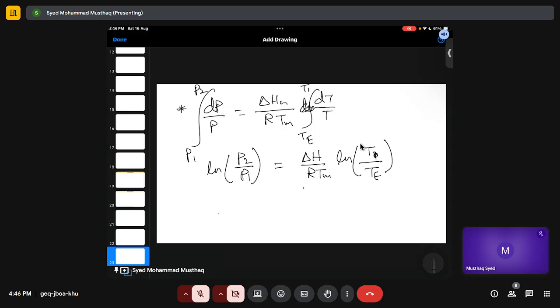Right. So P2 upon P1 is equal to exponential times delta H upon T to T. Okay.